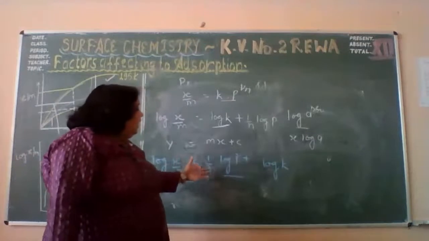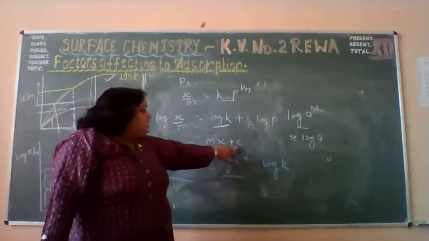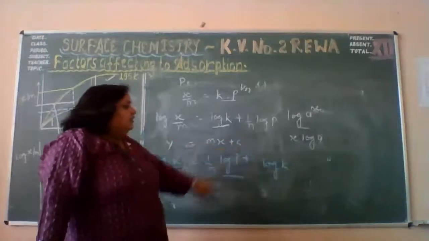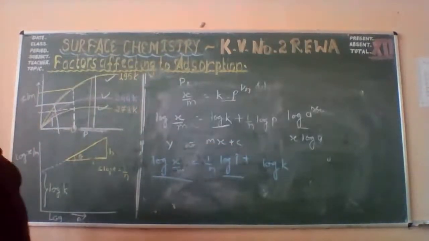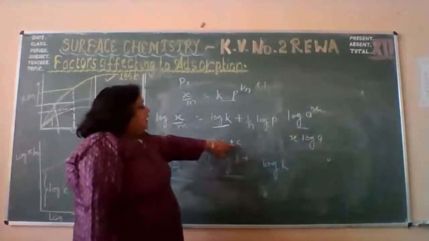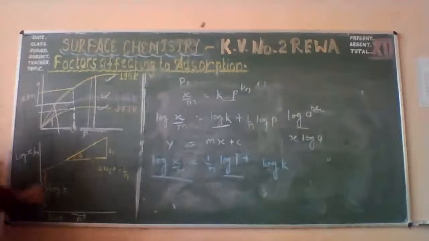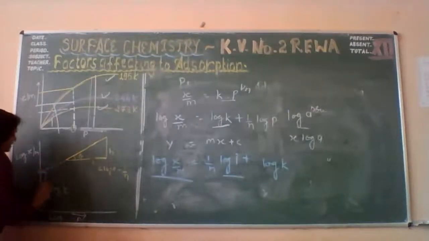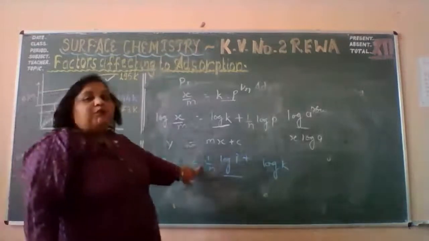And here, again, what is n here and what is c here? Which is slope and which is the intercept. Always the c is the intercept. So this part is the intercept, this is the log k, and the slope will be 1 by n.